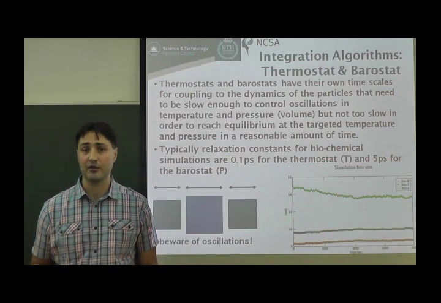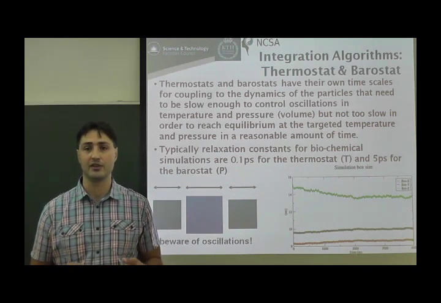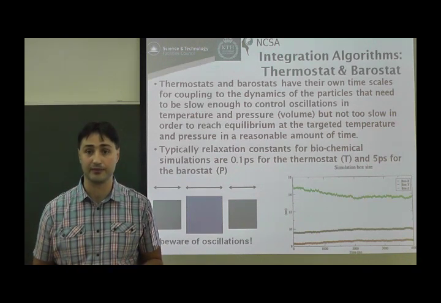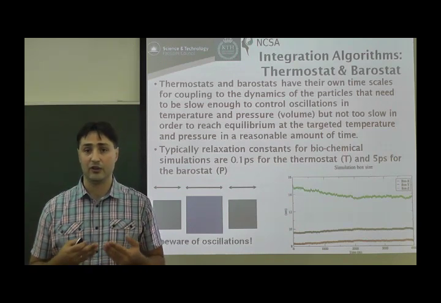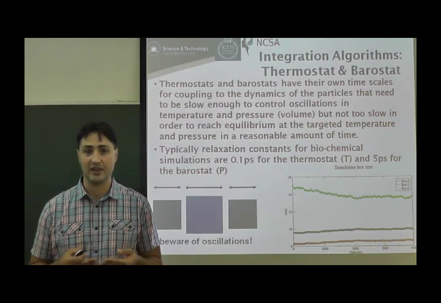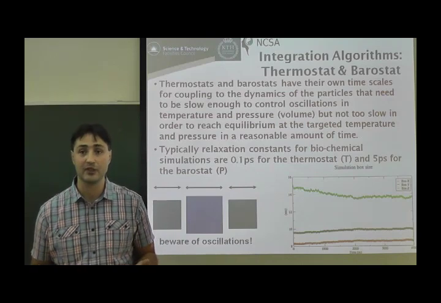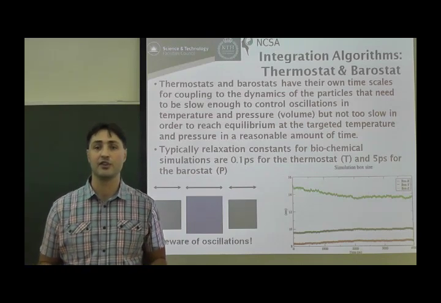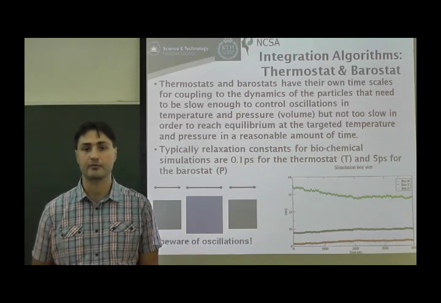Something about the integration algorithms: when we include temperature and pressure, we are coupling equations that have their own timescales. In order to couple to the particle dynamics, these timescales need to be slow enough to control the oscillations in temperature and pressure, but not too slow, in order to reach equilibrium at target temperature and pressure in a reasonable amount of time.